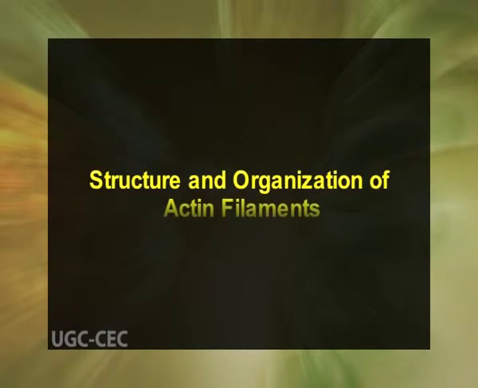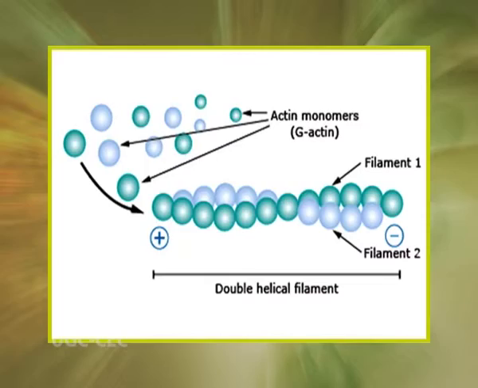Coming to our next objective, that is to study the structure and organization of actin filaments. First, isolated from muscle cells, actin constitutes approximately 20% of the total cell protein. Two strands of actin molecules polymerize to form actin filaments.